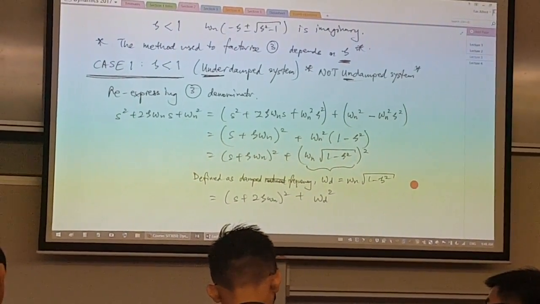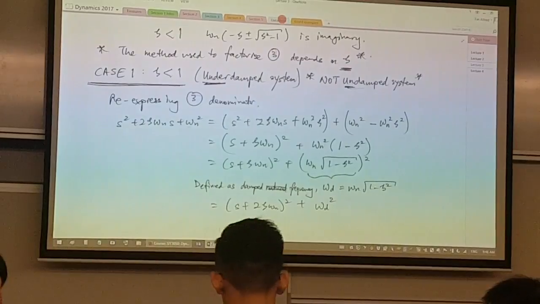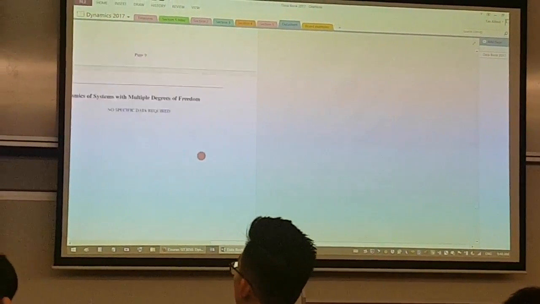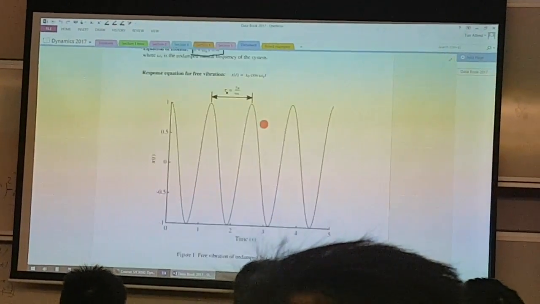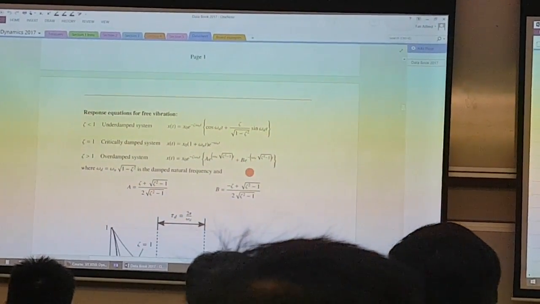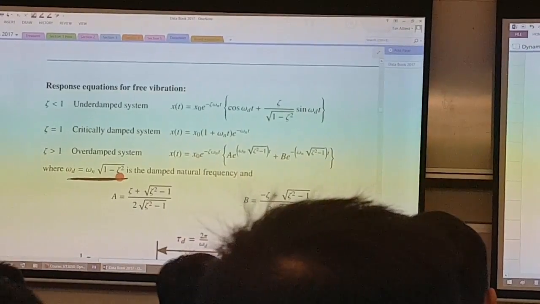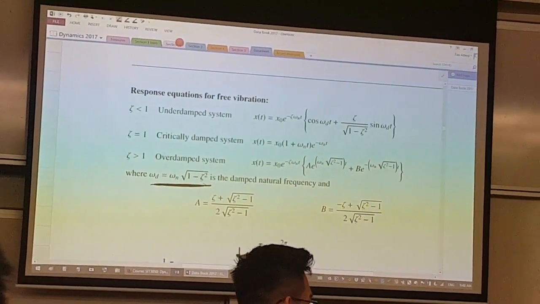That's awesome. Where is it in the data sheet? Let's have a look. It's right at the front. You can find it here: omega d is equal to omega n square root 1 minus zeta squared.